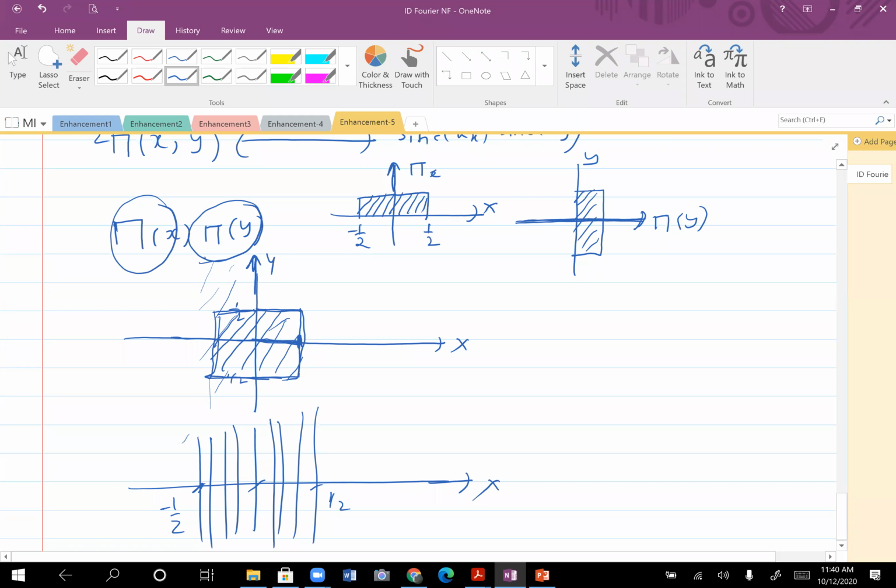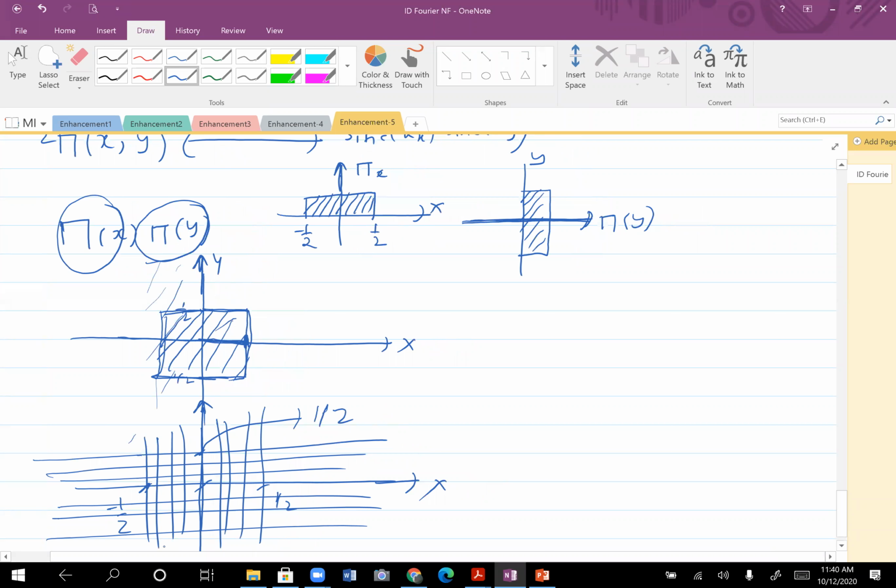Now pi y is 1 only for all these values, where your y is, for example, 1/2 here on the y-axis. So if you look at the commonality, only in this region are both pi x and pi y equal to 1. So only this region would come for you when you are multiplying them. Is it making sense?